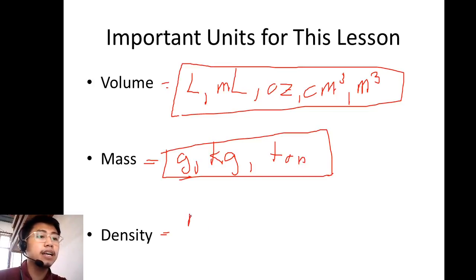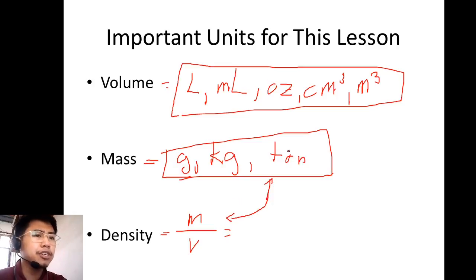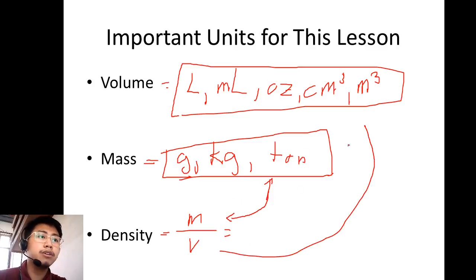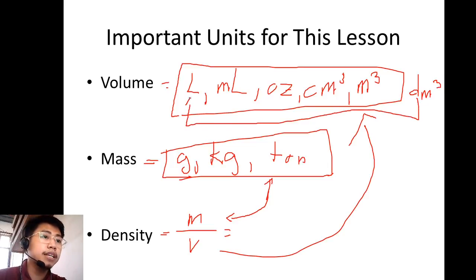What about density? Density simply means the mass of a substance over its volume. So the units for this are just the ones that you can see above. For mass, you can use kilograms, grams, or ton. Then for volume, you have liter, milliliter, ounce, cubic centimeter, and cubic meter. Normally, we also have dm cube, and the equivalent value for dm cube is simply the liter.